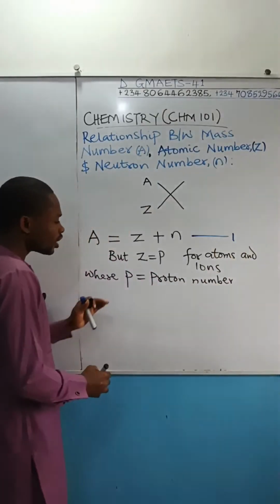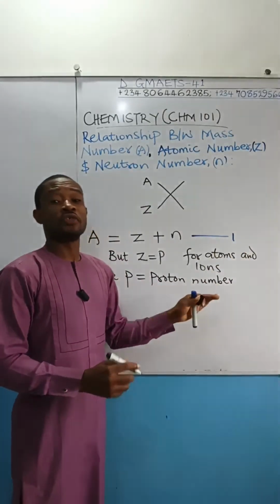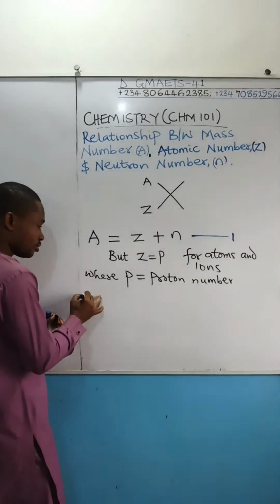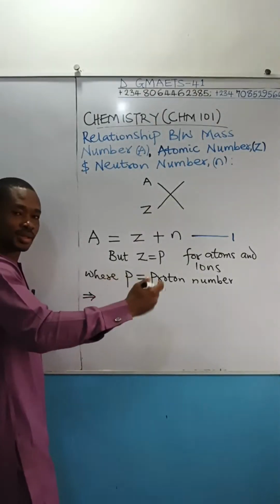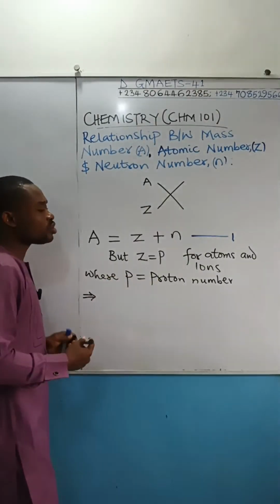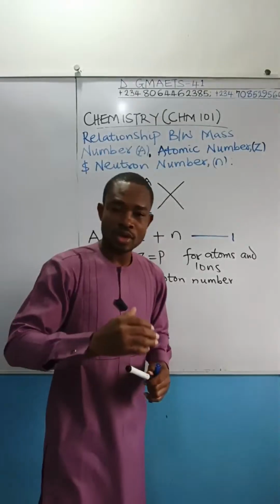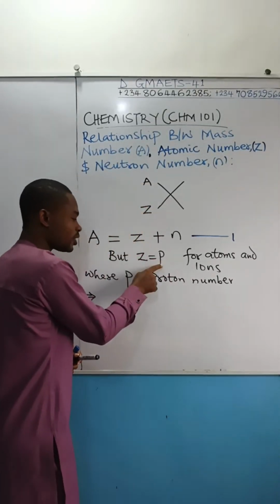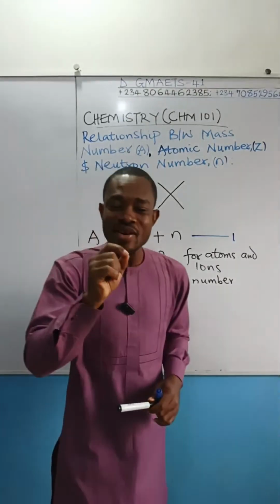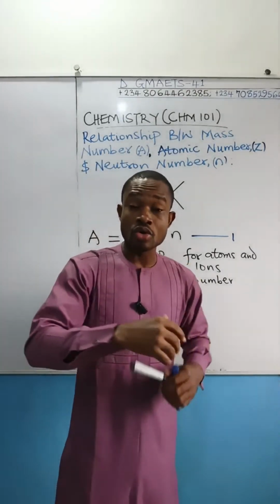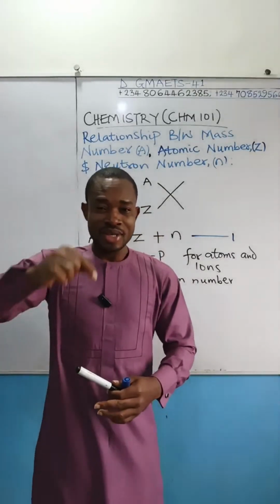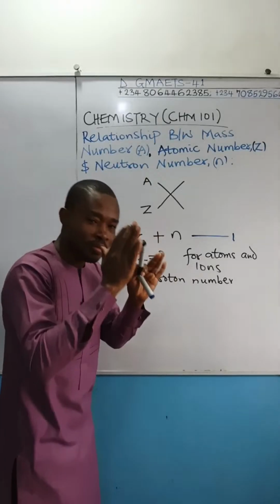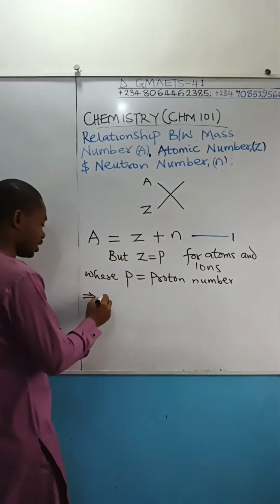Good. If this is true, which of course it is, it means we are going to do substitution now. We are going to replace Z with P. So whether you are talking about an atom or an ion, in place of atomic number, you can conveniently put proton number there.